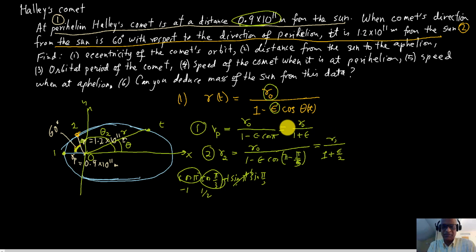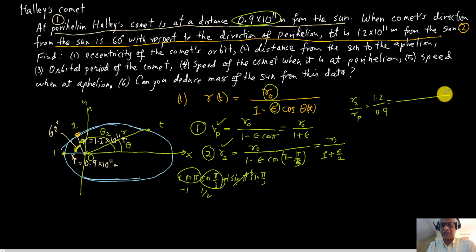Now here we know these quantities, they've been given, and we're supposed to find epsilon. So I can take a ratio and solve for epsilon. R2 is bigger than rp, so let's take r2 over rp. We're going to get a ratio, and it's going to be just 1.2 over 0.9.